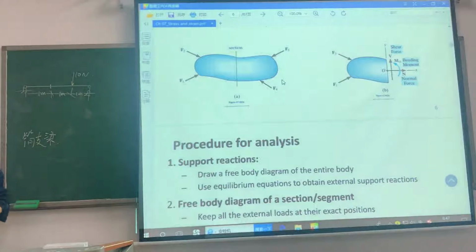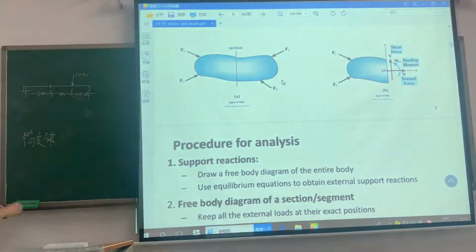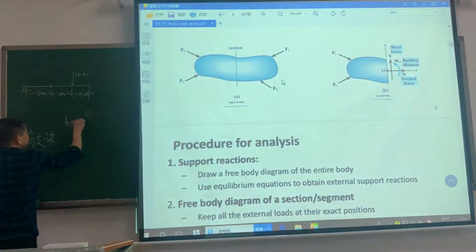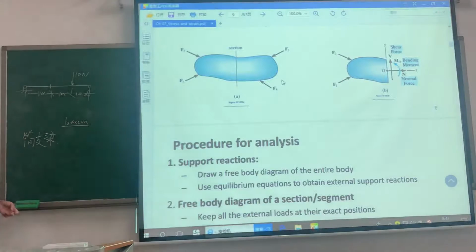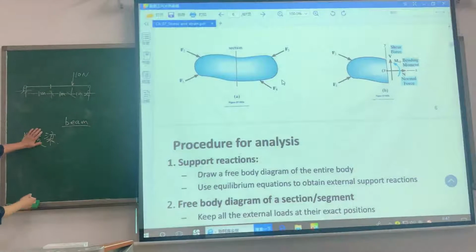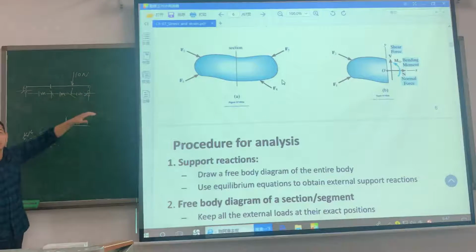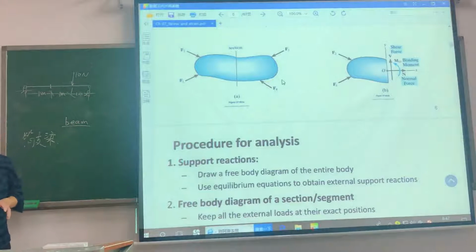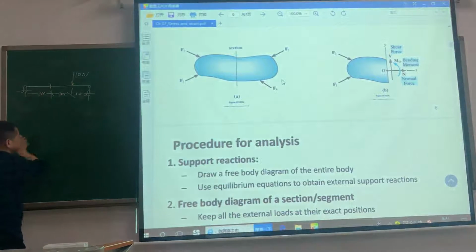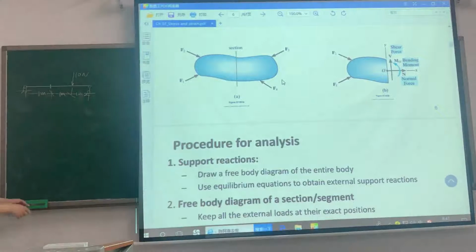In English, it is beam; in Chinese it is 梁. We call this kind of beam a simple support beam, 简支梁.